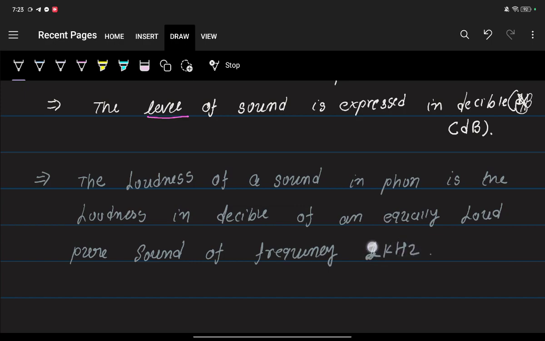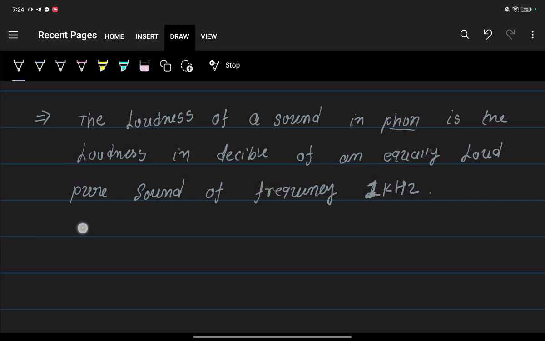The loudness of a sound in phon, that is, one phon is equal to what? One phon is equal to the loudness in decibel of an equally loud pure sound of frequency 1 kilohertz. Or in other words, a pure sound of 1 kilohertz frequency is equal to one phon.